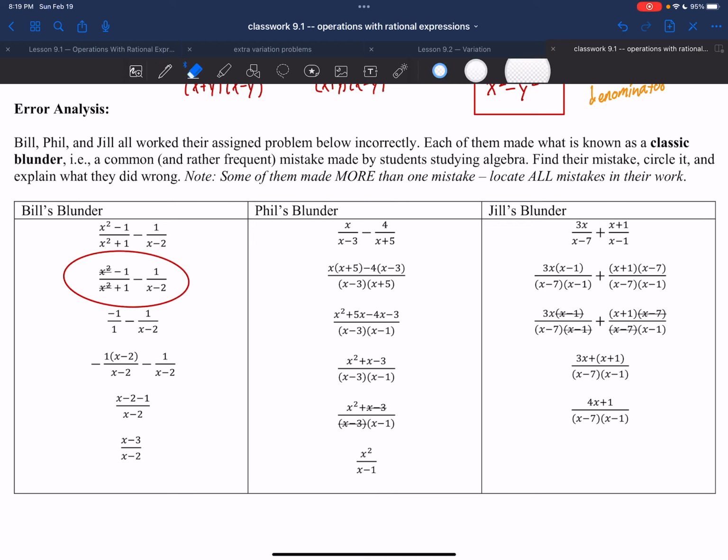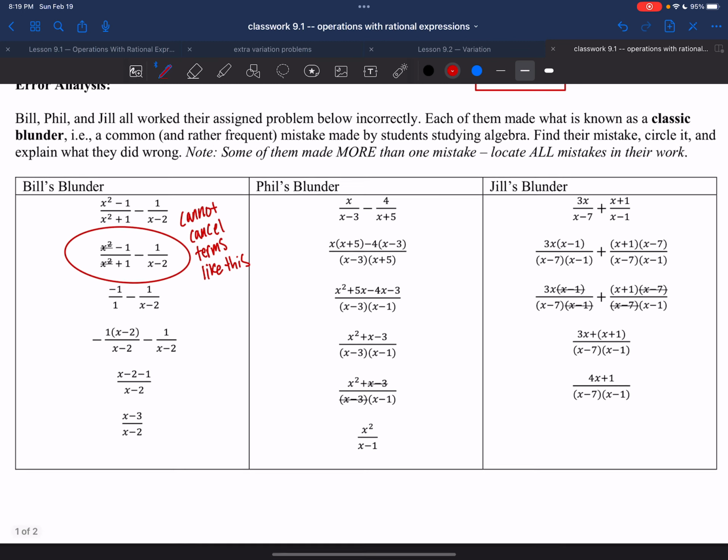And that's exactly what I was just talking about with that last example. Cannot cancel terms like this. I was trying to think of a nice way to say it, but you just can't, all right? It doesn't work. That's not how we do fractions.